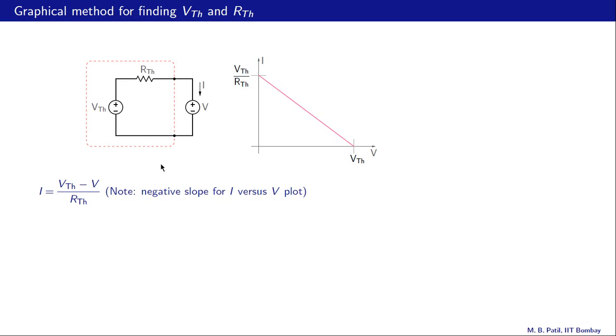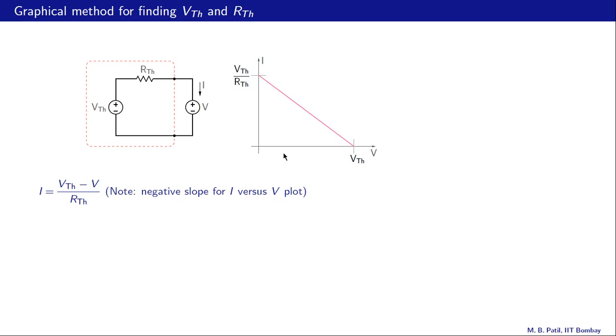Let us now look at a graphical method for finding VTH and RTH. This is a Thevenin equivalent circuit of some original circuit, and what we do is connect a voltage source here and plot this current as a function of this voltage. And the plot that we are going to get is shown over here.